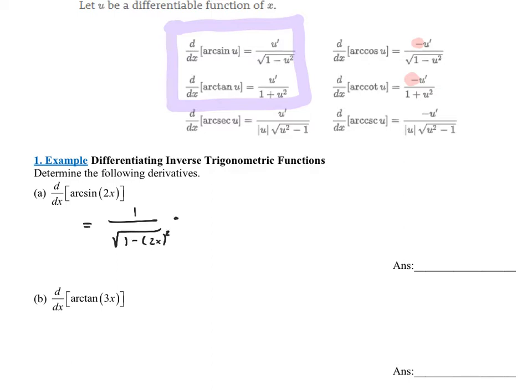But then you need to remember chain rule to multiply by the derivative of the inside. The derivative of the inside is simply 2. And 2x quantity squared would be 4x squared. So when I simplify, I end up with a 2 on top, square root of 1 minus 4x squared on bottom.